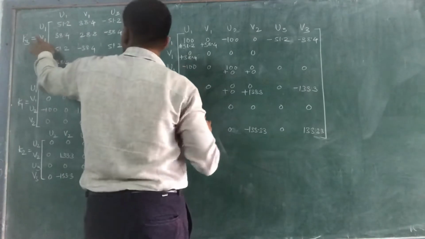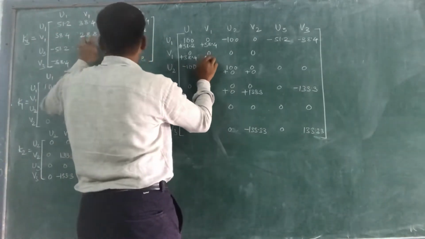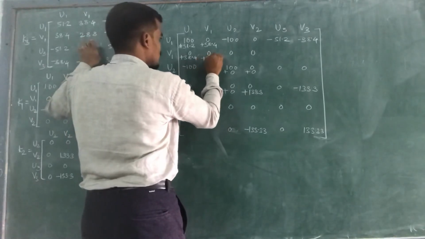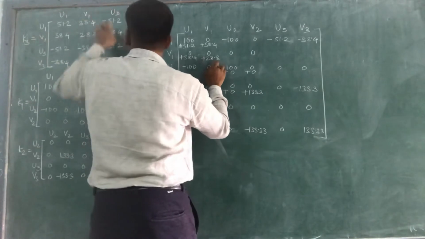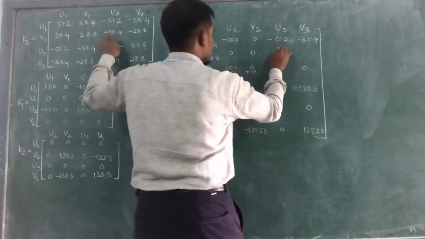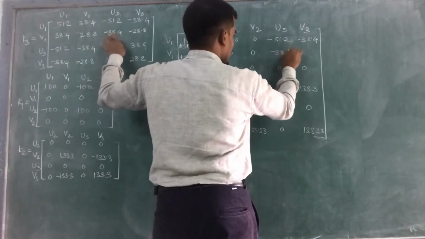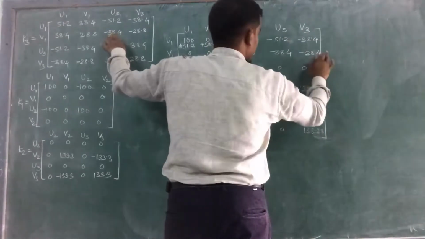Then V1 row, V1 column: plus 28.8. Then V1 row, U3 column: minus 38.4 and finally minus 28.8.